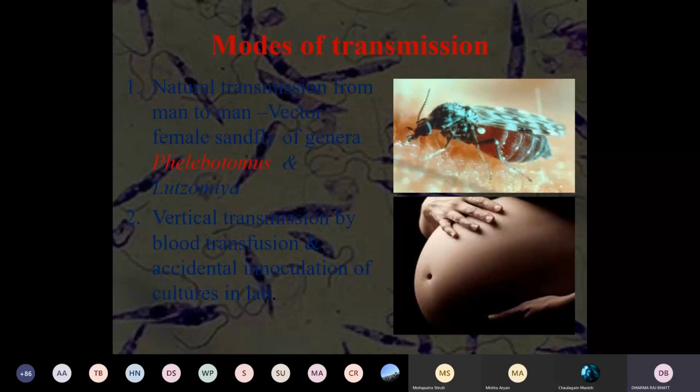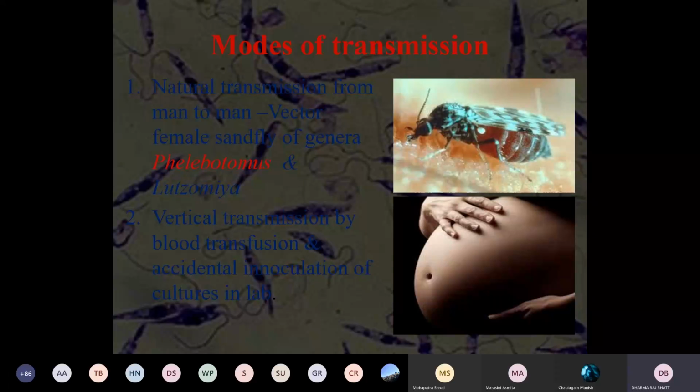Now these infected sandflies are likely to transfer the infectious agent, the protozoal parasite, to a healthy individual during the second bite or second blood meal. So this is the most important, most common mode of transmission.